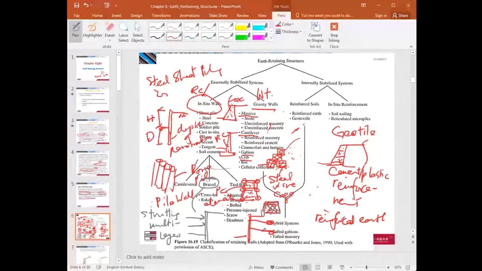If the height is too high, the wall tends to tilt or even move outwards. So you apply the tie-back system, the ground anchors, so you apply the force to counteract the tendency of moving out.